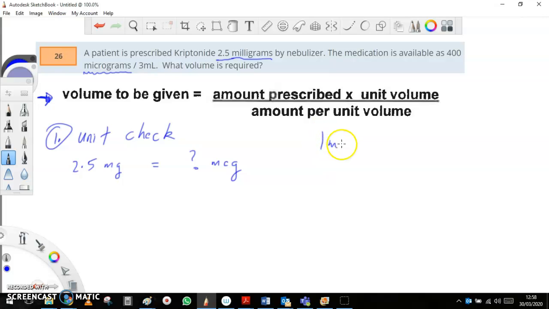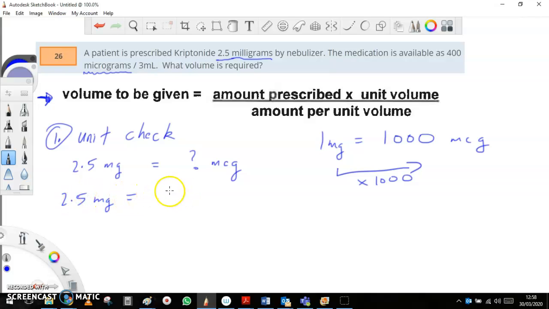Well, 1 milligram is the same as 1,000 micrograms. So to go from milligrams to micrograms, we multiply by 1,000. So we're going to bounce that decimal point 3 places. So it's going to go over the 5 and then over another 2 zeros. So 2.5 milligrams equals, we can put down our 2 and our 5 and a couple of zeros here.